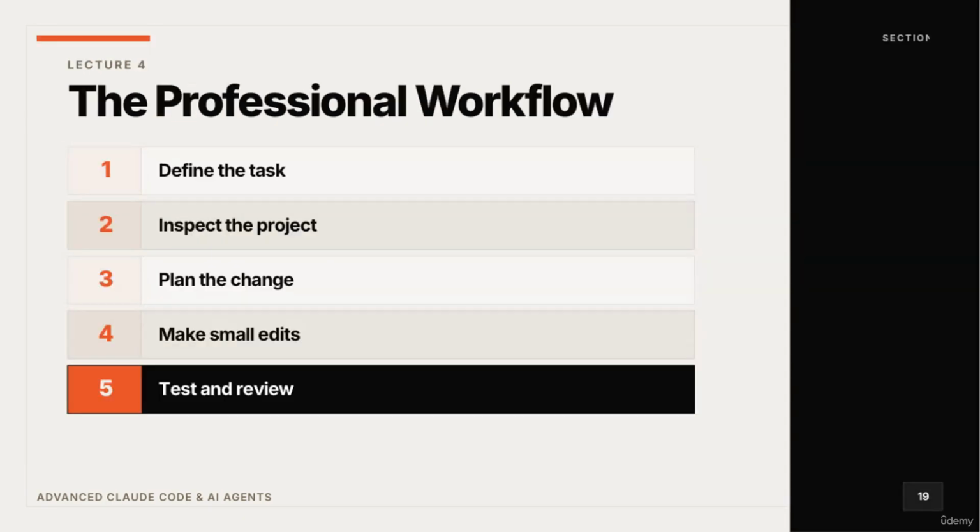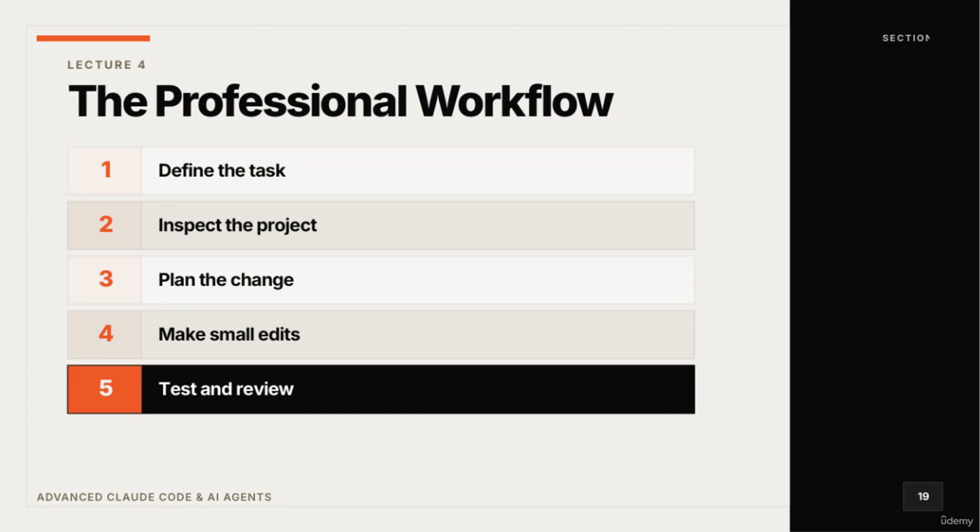Now, let's dive into the professional workflow, which is crucial for managing projects efficiently. The first step is to clearly define the task. This means understanding exactly what needs to be accomplished before moving forward. Next, we inspect the project thoroughly to identify any potential challenges or requirements. Once we have a good grasp of the situation, we plan the change carefully, outlining how we'll implement the necessary adjustments.